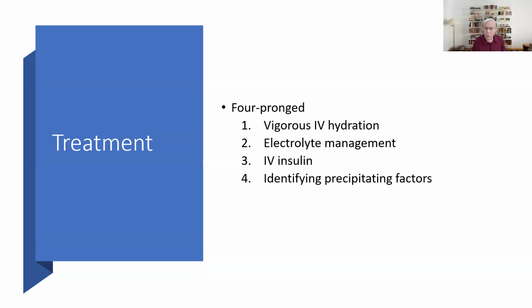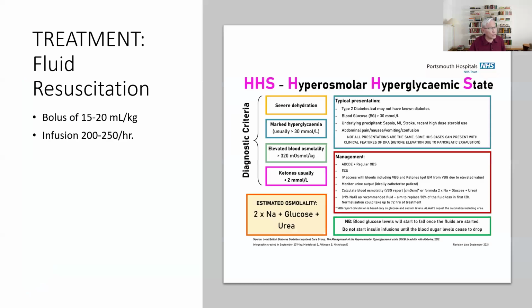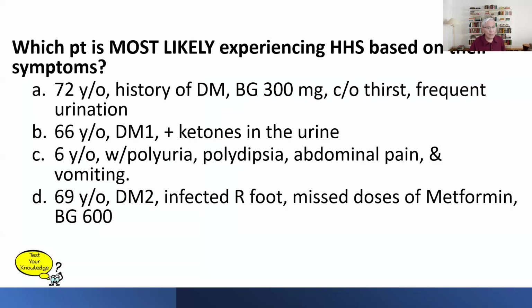But in addition to that, we also identify what might be the precipitating factors. Why did they develop this complication? Sometimes stress or illness might be the cause, or maybe non-compliance with their medications. So the fluid management is going to be the same. And let's take a look at this question.